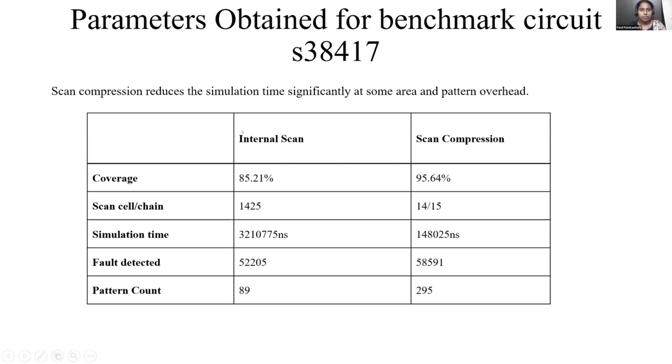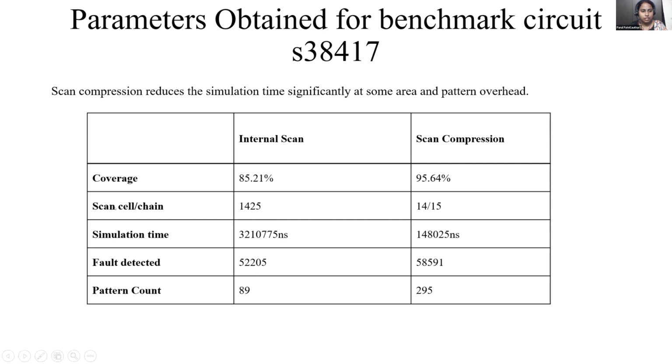For circuit 38417, the coverage for internal scans is 85.21%, which is the percentage of detected and tested faults out of all the faults that could happen to our design. While in scan compression it is 95.64%. Quite good.